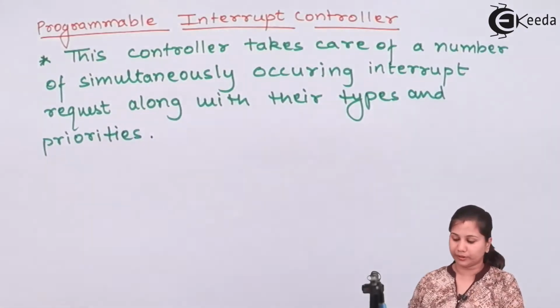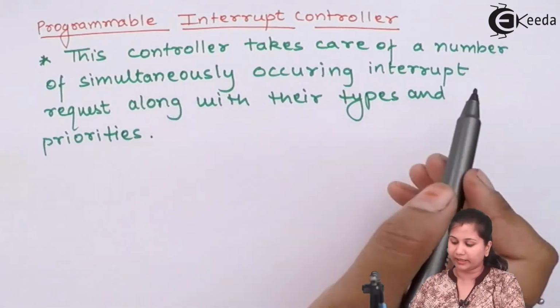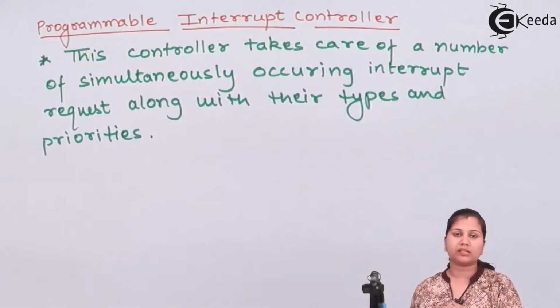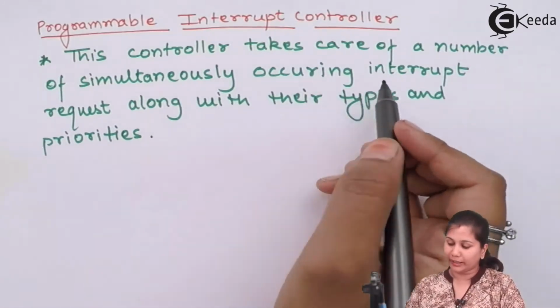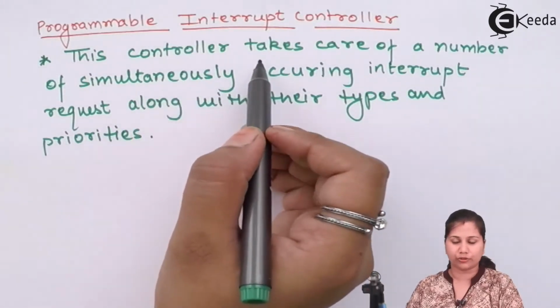So this controller takes care of a number of simultaneously occurring interrupt requests, meaning when there are many interrupt requests occurring at the same time. That type of interrupt request can be handled using this controller.